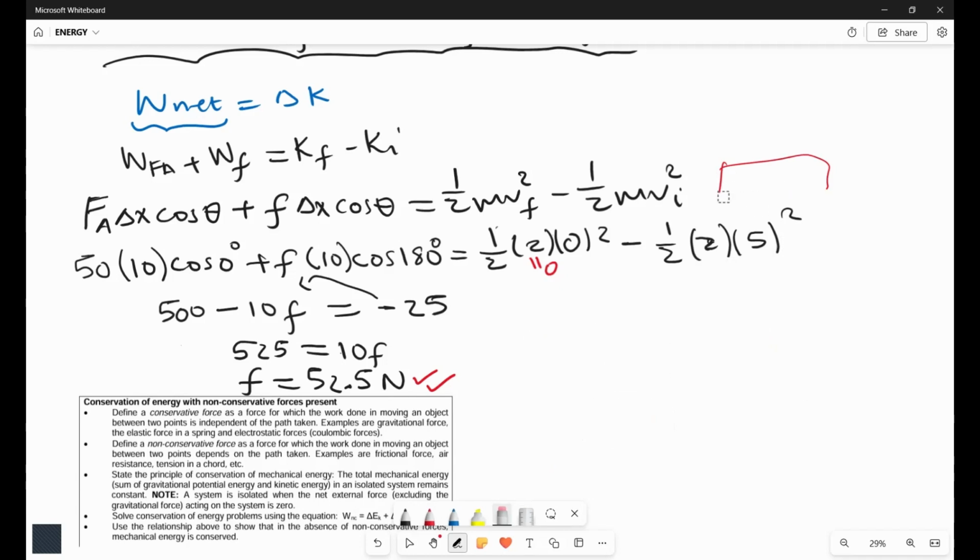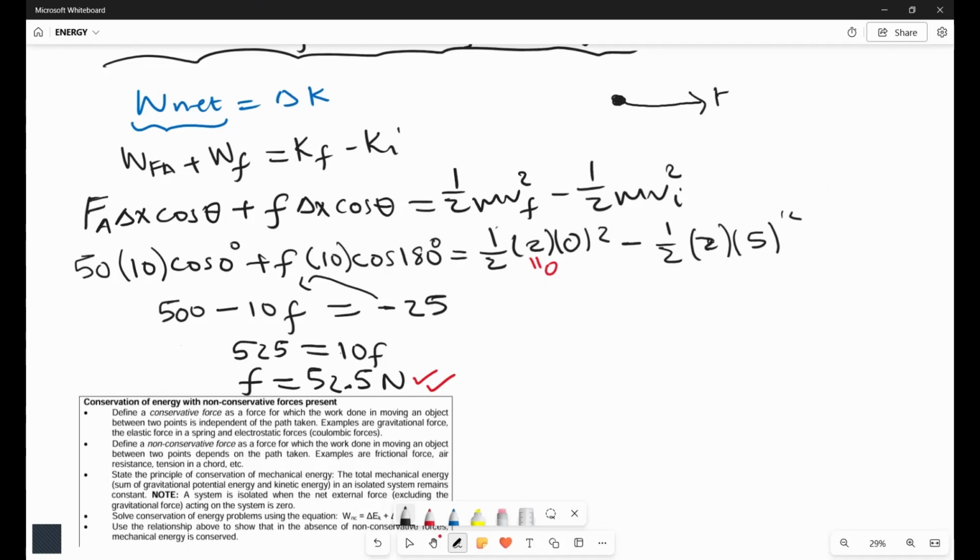Again, I think I'm done explaining W net equals change in K. It's very easy. Just identify all the forces that are acting on your object. Most importantly, identify all your horizontal or parallel forces.